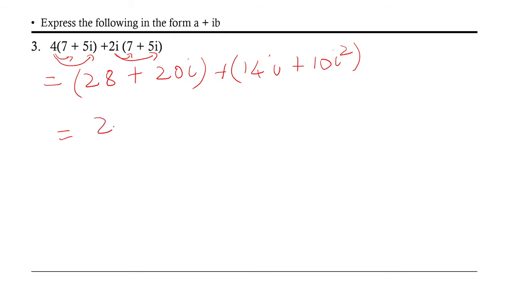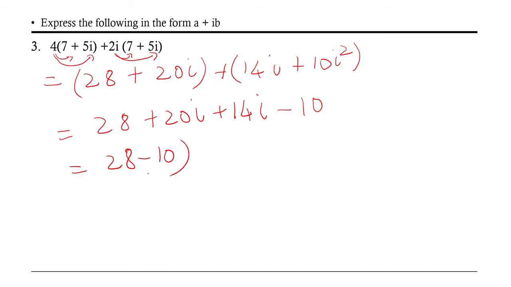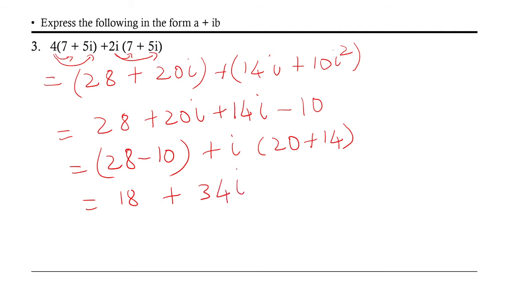So now it becomes 28 plus 20i plus 14i. We know that the value of i square is minus 1. So 10 into minus 1 is minus 10. So here 28 minus 10 plus i into 20 plus 14. 28 minus 10 is 18 plus 20 plus 14 is 34i. So the given problem is expressed in the form a plus ib as 18 plus 34i.